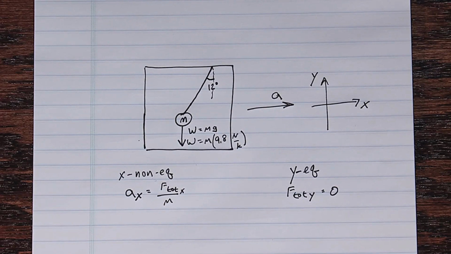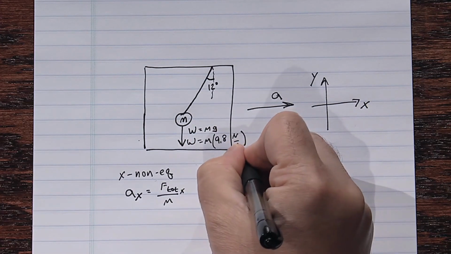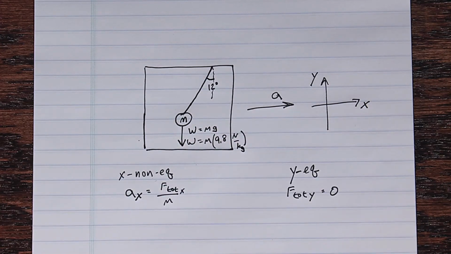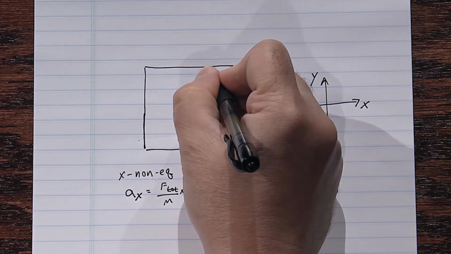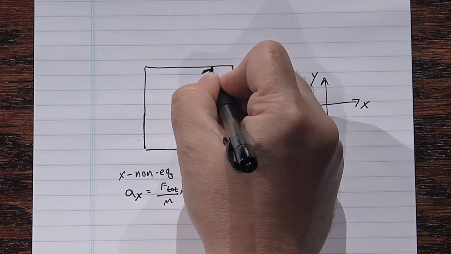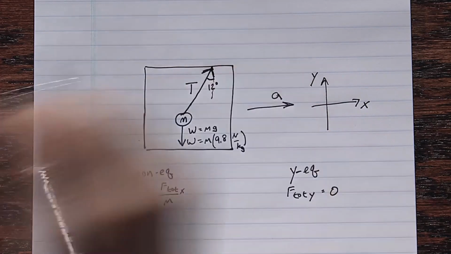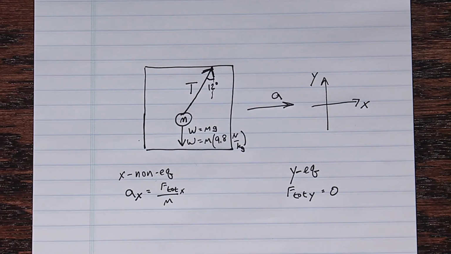We don't know what the weight is, but we know that the weight is whatever the mass is, times 9.8 newtons per kilogram. What other forces are acting on the ball? Well, there's only one other, and that is the tension in the string. And we know that tension acts in the direction of the string. So I will draw my tension vector along the string.